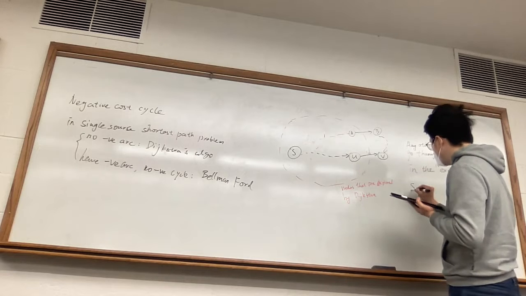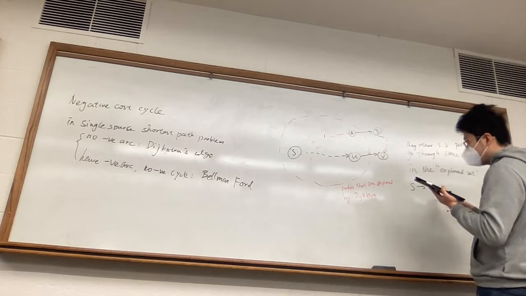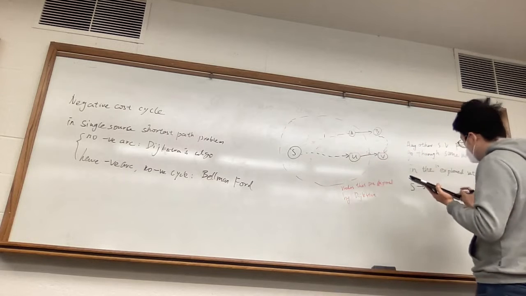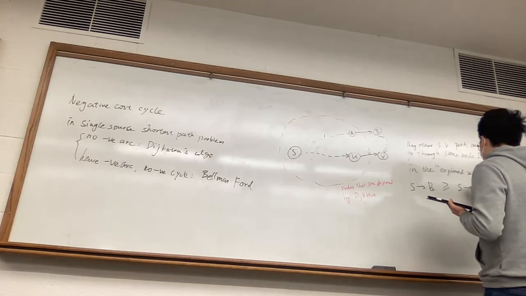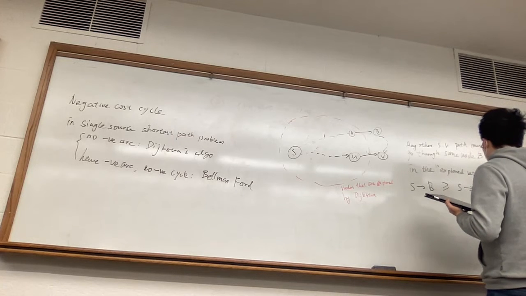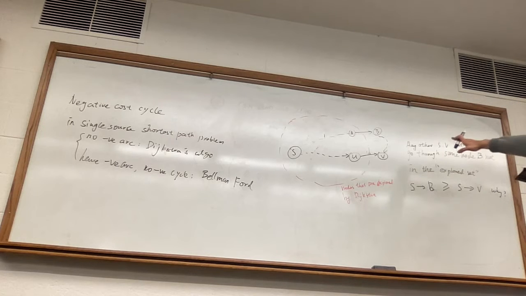Then we can say that the distance from S to B must be greater than or equal to the distance from S to B. Why? First, I say that any other SV path must go through some node B that is not in the explored set. And then I can conclude that the distance from S to B must be greater than or equal to S to B. Why?